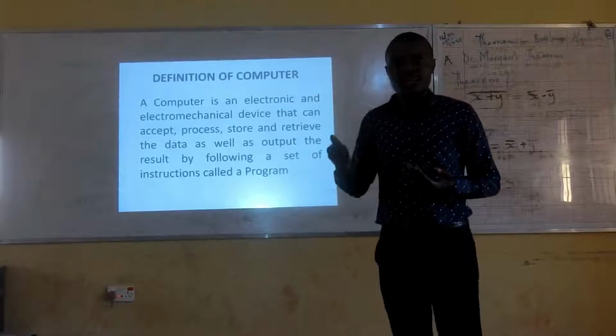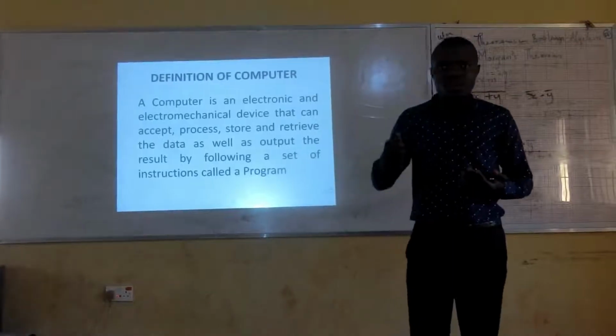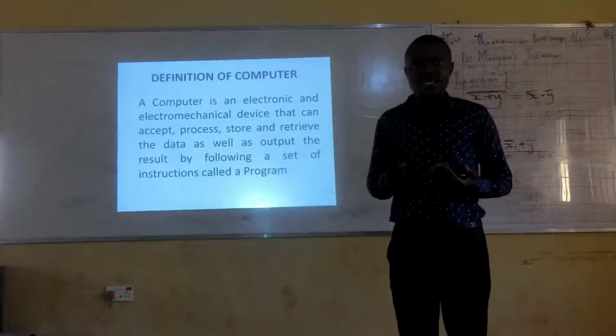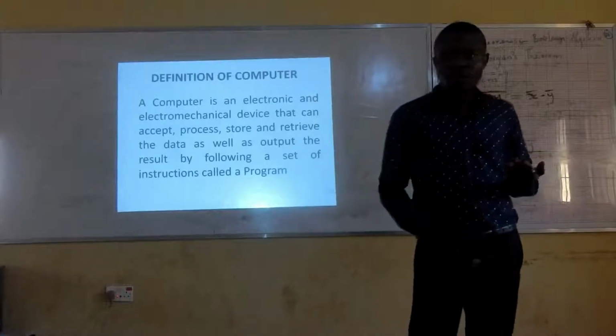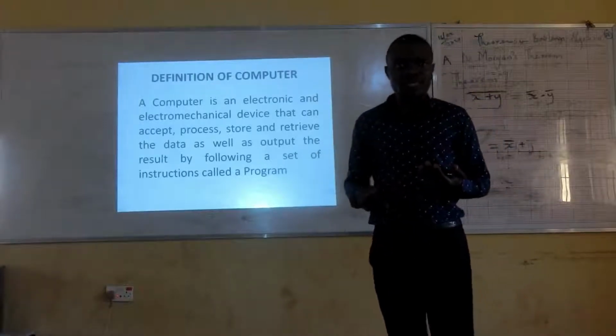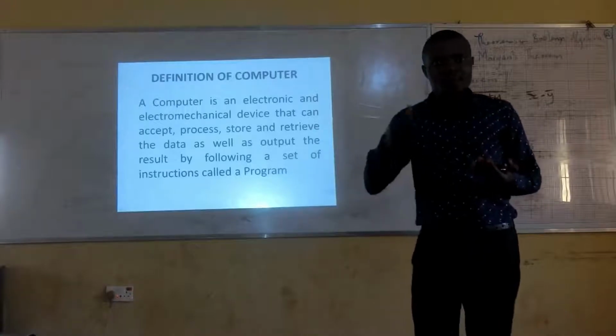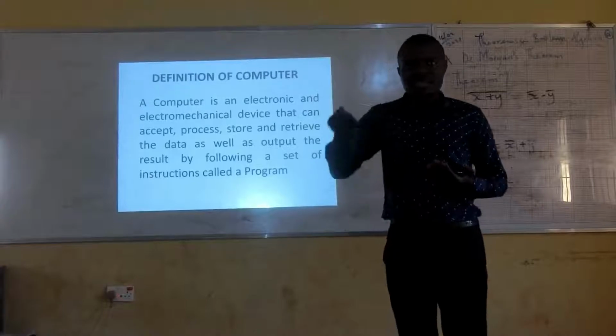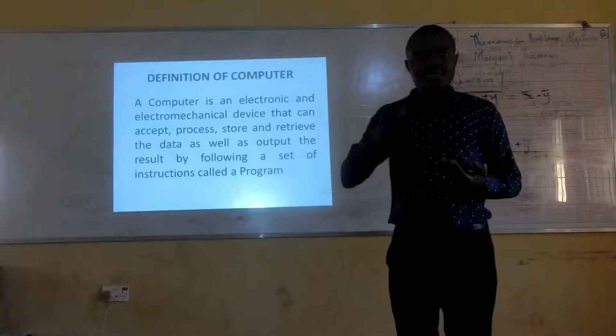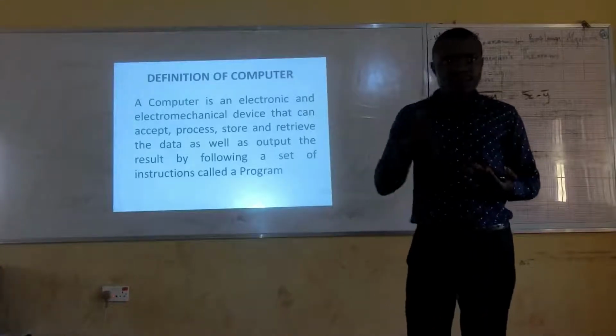So that is to tell us that when we talk of computer, it is not limited to our desktop or laptop. It is anything that is capable of accepting information, accepting data, and giving us information.